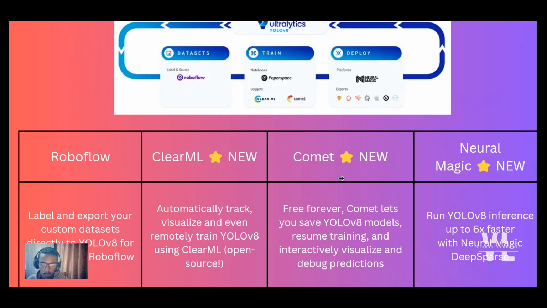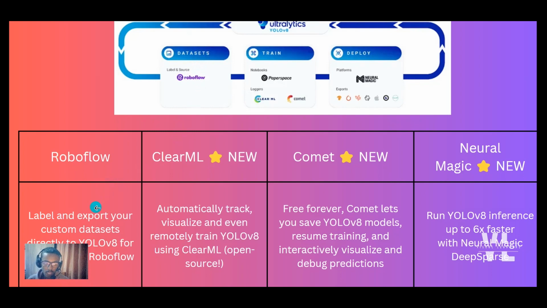So there are a lot of new things that are released together with the YOLO V8 model. According to the website of Ultralytics, they categorized all of the things that you can do with the YOLO V8 model. The first is labeling and sourcing of the dataset.